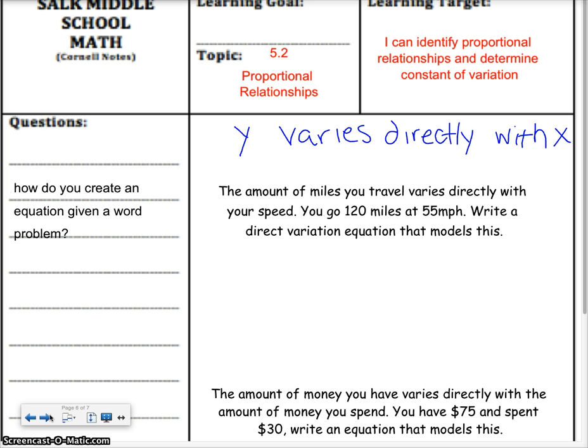That is going to tell you everything you need to know. You're not going to be given a y or an x, but you're going to be able to find it with this sentence: y varies directly with x. And if y varies directly with x, it looks like this. And k is your slope. Your slope is whatever y is over x. We did that yesterday.